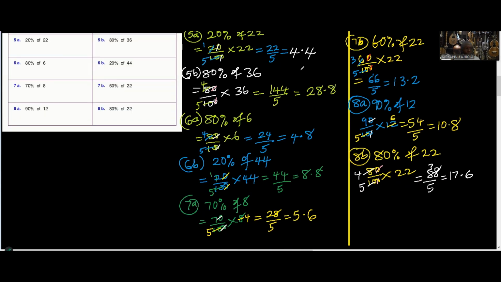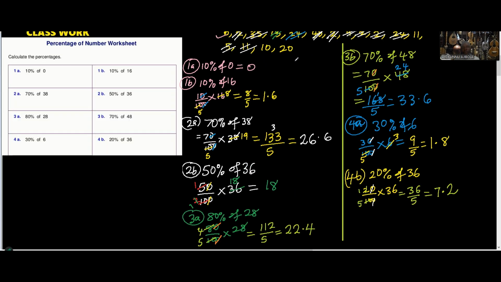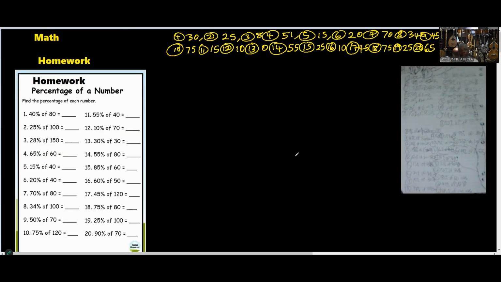Then the remaining two answers, I have 10.8 and 17.6. So I'm going to give you some time to write this down now, okay? Quickly fix all of this and see whether your answers are correct or not. Then I'll give you something to try as homework as well.